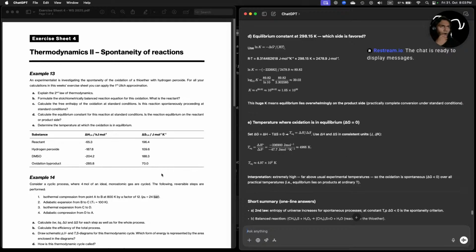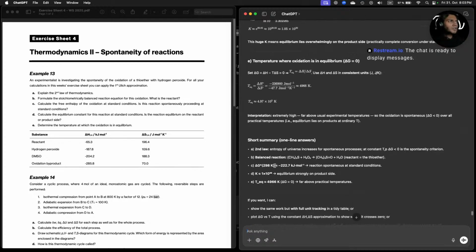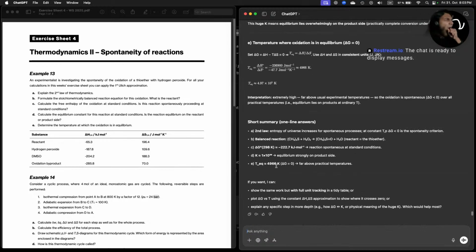I need to know a little bit more. Short summary, one line answer. Second law, entropy of the universe. I know those. I know C. Now, my doubts arise from part D. What's the equilibrium constant?